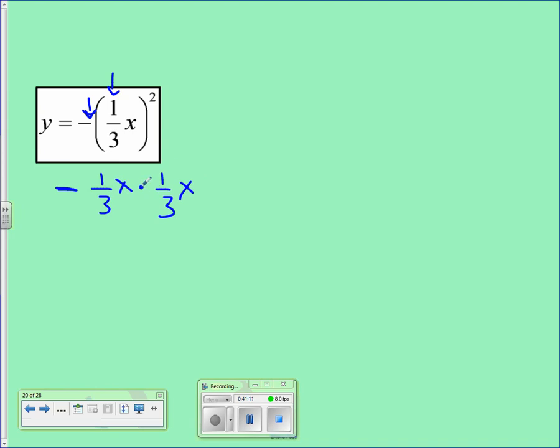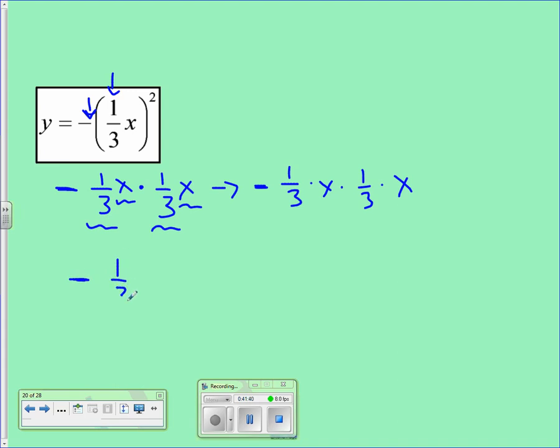Let's see. All right. So then we can break this down even further. Don't forget your negative out in front. And that's 1/3 times x times 1/3 times x. Now let's put all the numbers in the front and the variables in the back. You have a negative out front.